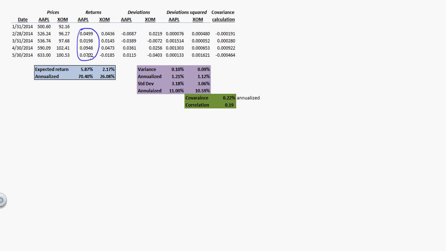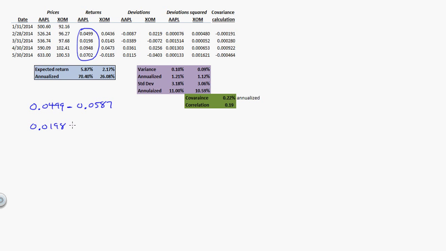Okay, so let's go back to finding the risk of Apple. So to find the risk of Apple, what I'm going to do is find how much does it deviate from what I expect. So here this first month, and I'll do this in decimal form. 0.0499. Well, that's what actually happened, but I expected 5.87 because that's what happens on average every month. Right? And so the next month is 0.0198.